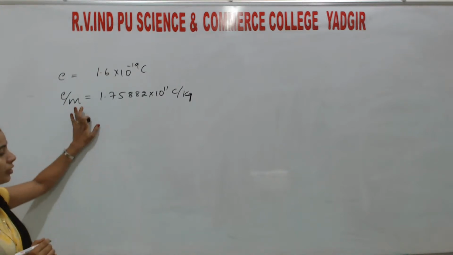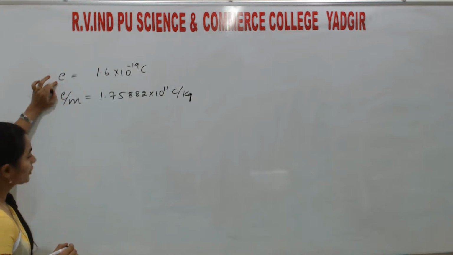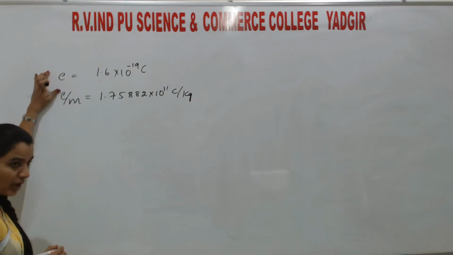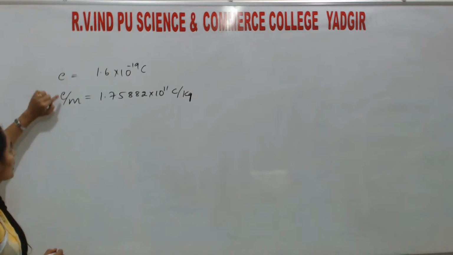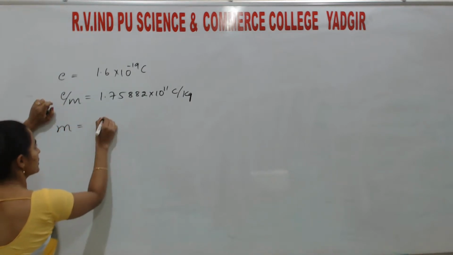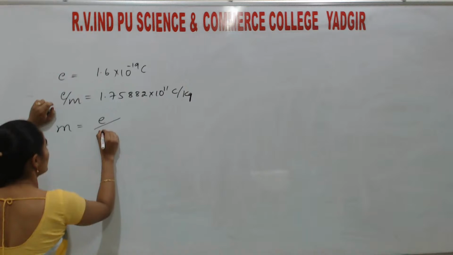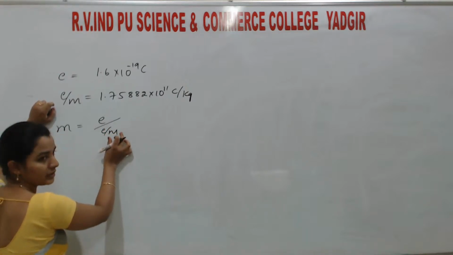We want mass, so we have to cancel these two. Just write mass is equal to charge divided by the e by m ratio. Then we will get mass.